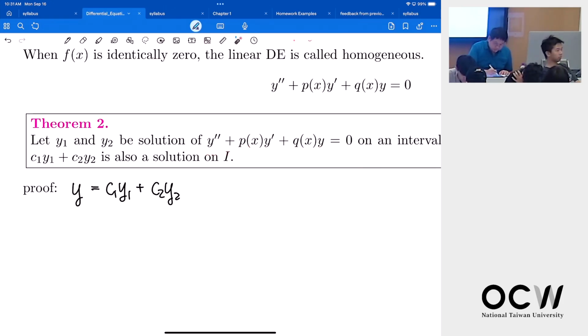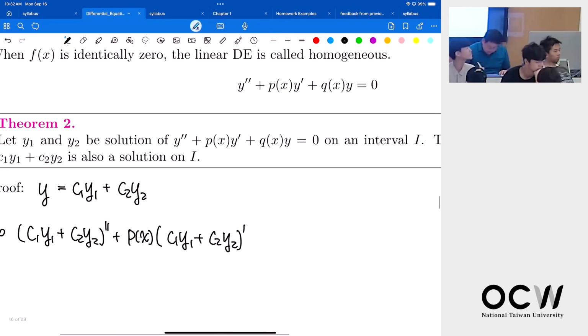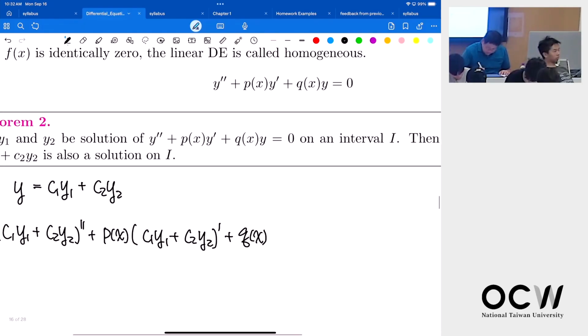Here we have y double prime plus p of x times y prime plus q of x times y, and again your y is c1 y1 plus c2 y2.